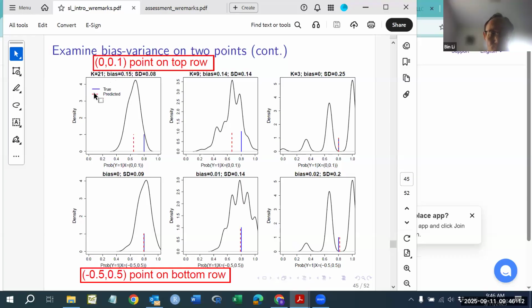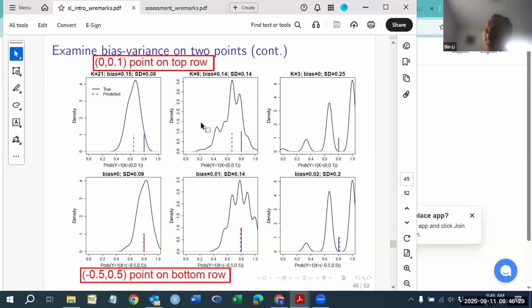You can see here the blue one is the true value, and the red dashed line is the predicted value. What is the true value? The true value is 0.8. Why?